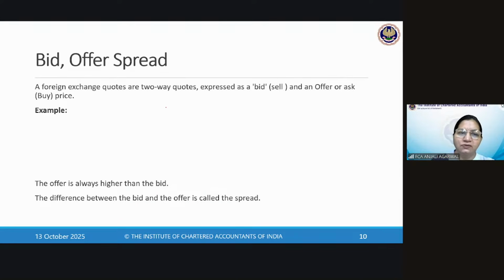All right. So far, I have explained to you the different quotations. Here, we will talk about one more important concept, which is the bid and ask rate, or the bid or offer rate, and what is the bid offer spread. So far what we have done is we have talked about rupee to dollar being 88.50.